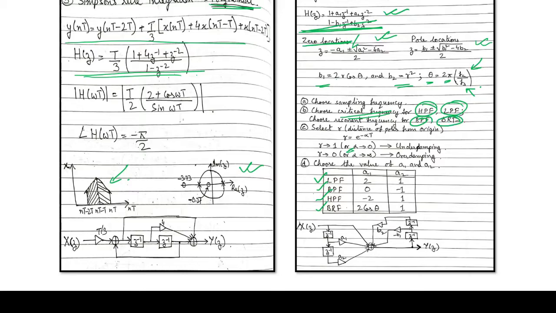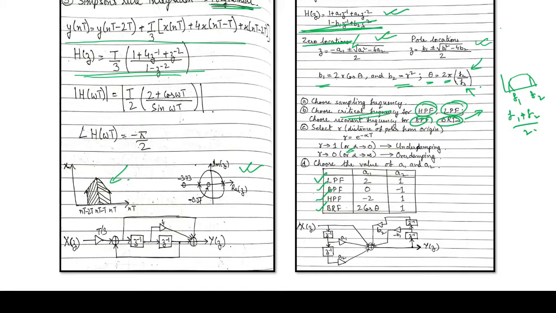Now, how do we do that? There are several methods, but the simplest method is this. In the band pass filter, we have seen there are two cutoff frequencies, f1 and f2. We use f1 plus f2 divided by 2, and we take the central frequency as the resonant frequency.